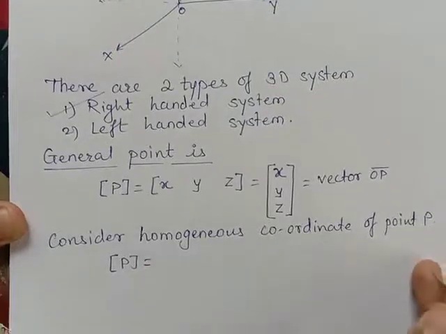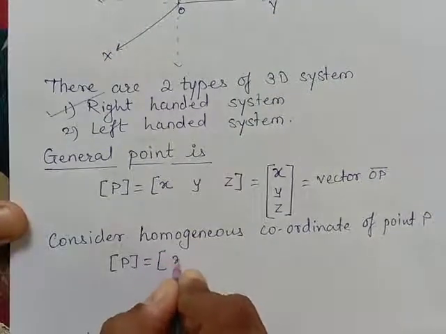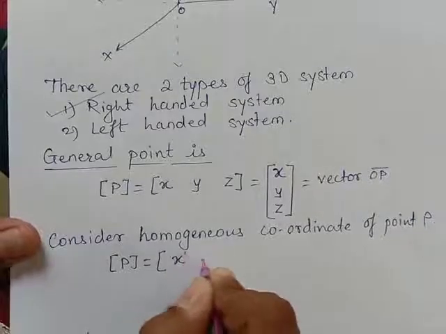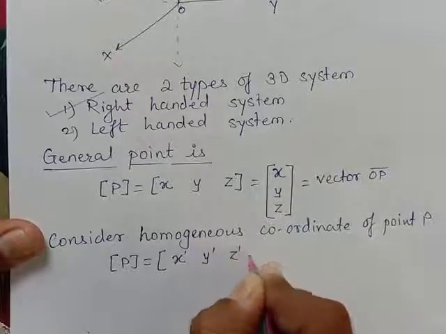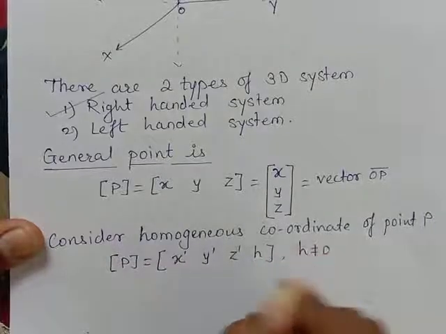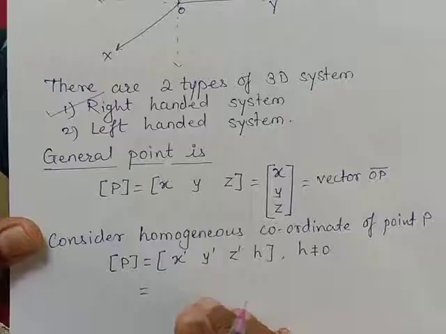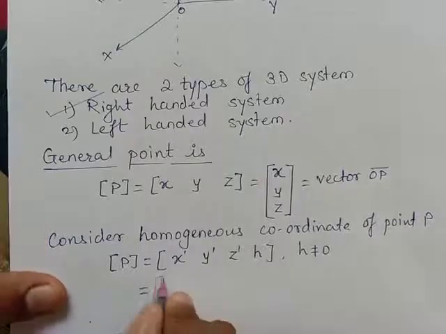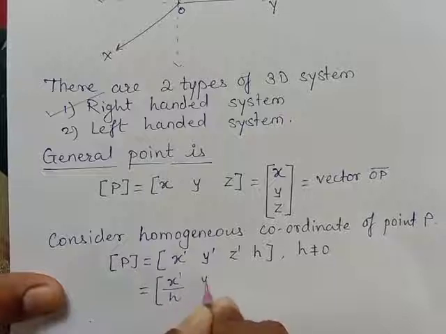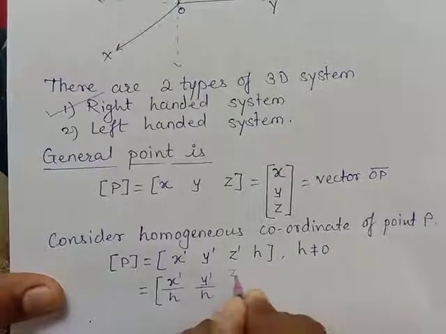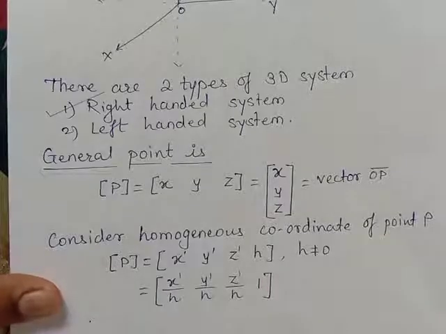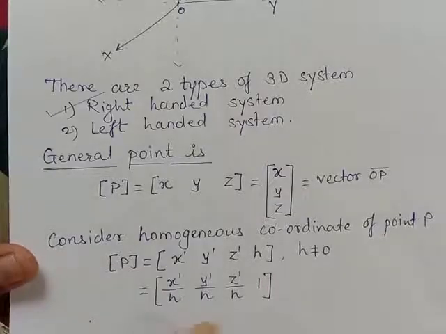We can write it as x dash, y dash, z dash, and h, suppose, where h is non-zero. That is equivalent to x dash upon h, y dash upon h, z dash upon h, 1. You know this part from chapter 1, right? We can write it as such.